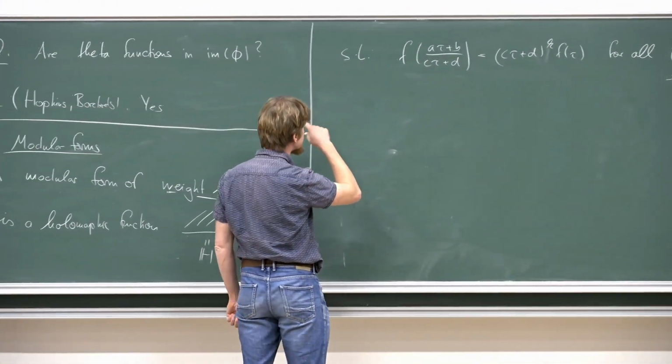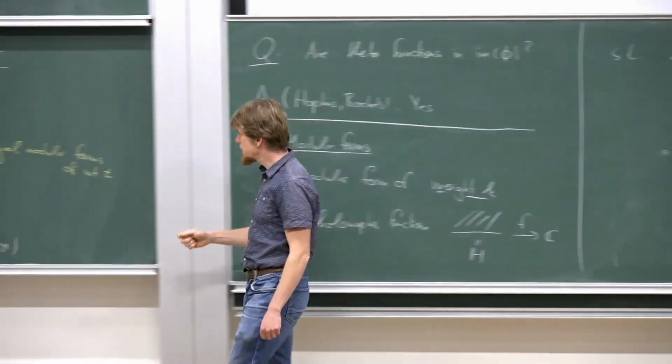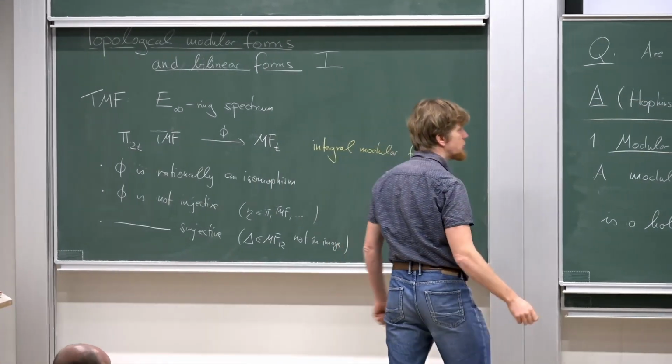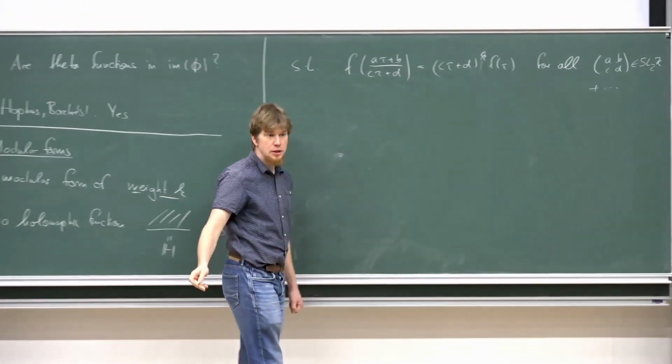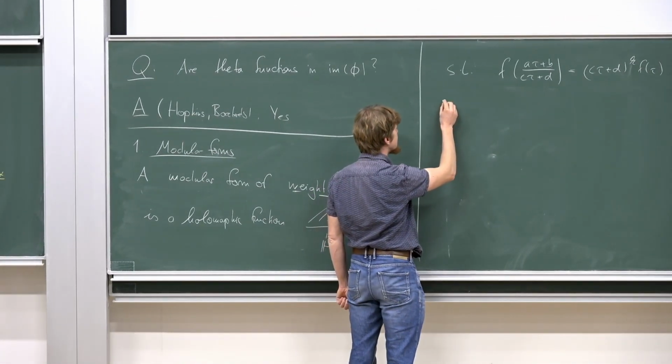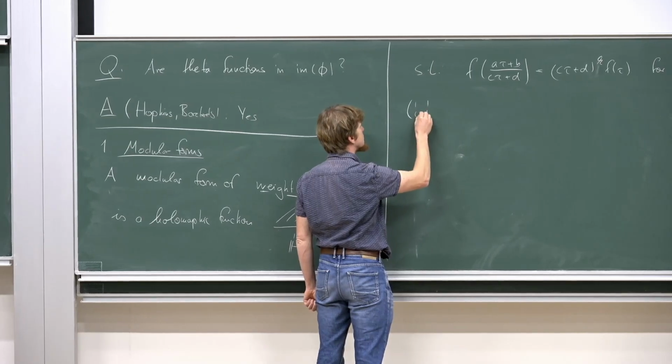Before I come to examples, I also want to explain what this integral means in one way. From this transformation behavior, you can see one thing pretty easily, namely you can look at the matrix.